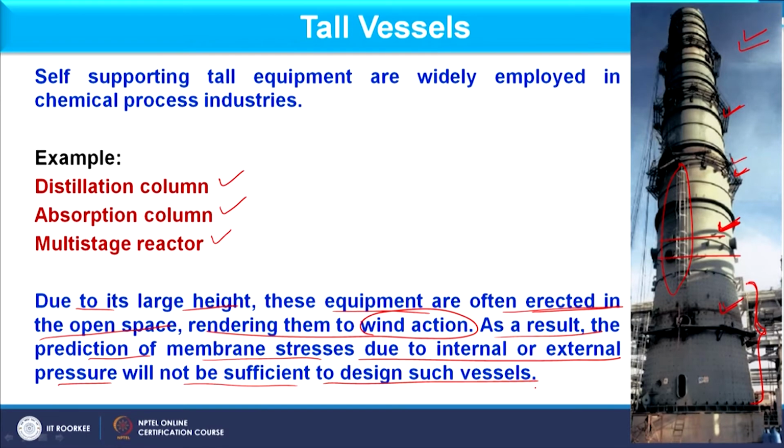When we consider this type of equipment where height is very large, we consider that the surface of the equipment, or different parts of the equipment, let us say shell or head, will work as a membrane, because when we consider the wind, these sections are very small compared to wind action.